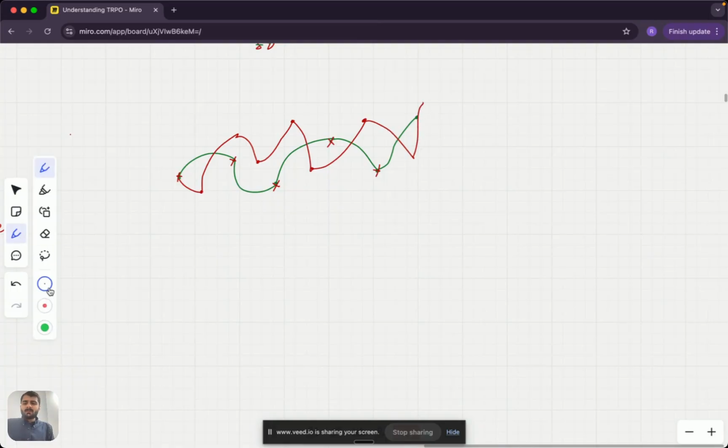So the green one represents the old policy and the red curve represents the new policy.